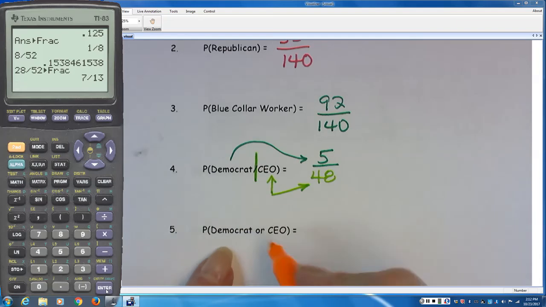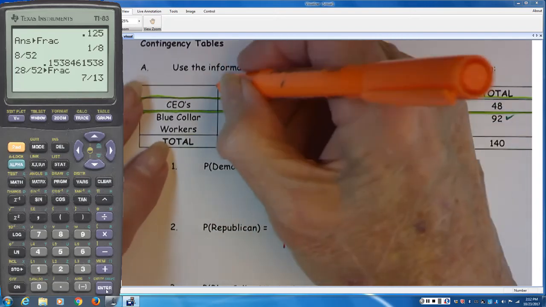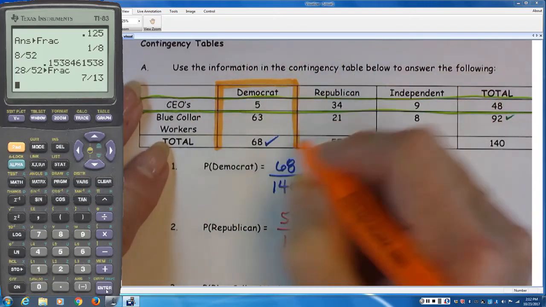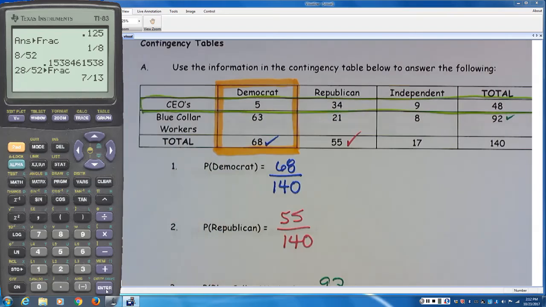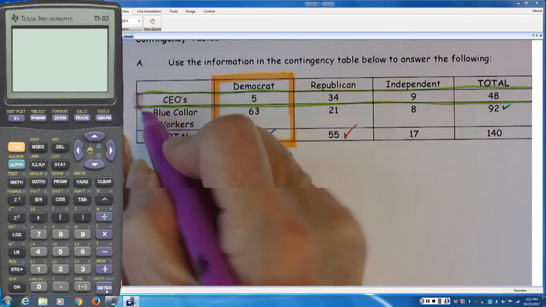We first have to look for the one that is a Democrat and a CEO. Because we have a total of 68 Democrats, a total of 48 CEOs.